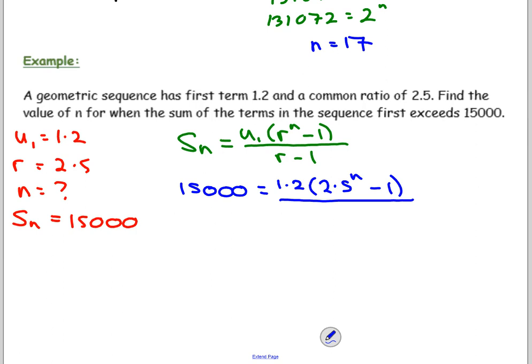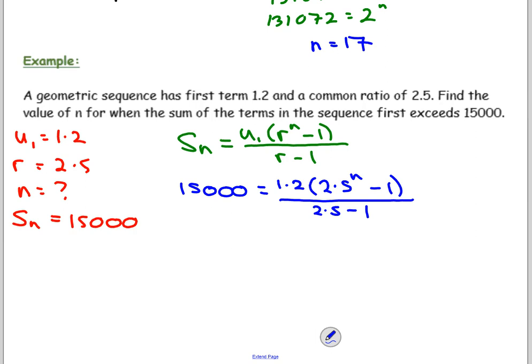But if you have the time, just in case you made an error or something, it's good to write it in its pure form first. This would probably be a calculator problem. As you can see, you've got awkward numbers like 1.2, 2.5. So you could, in theory, put this into y1, graph this in y2, and graph the two of them and find the intercept.